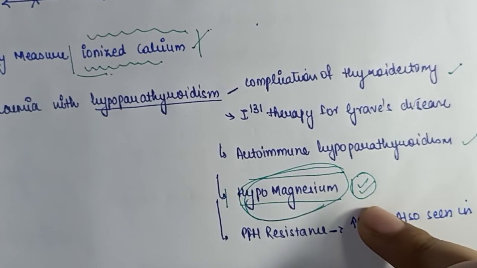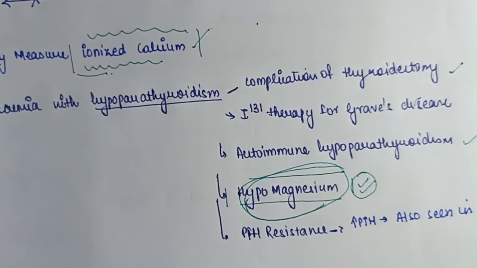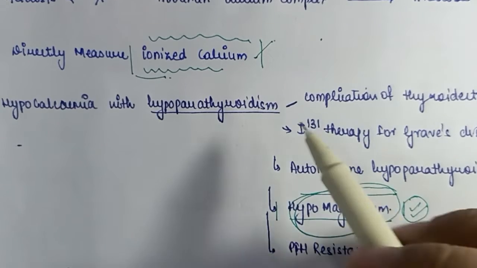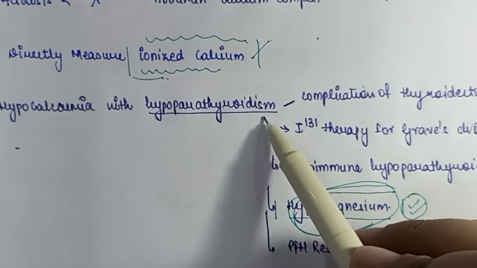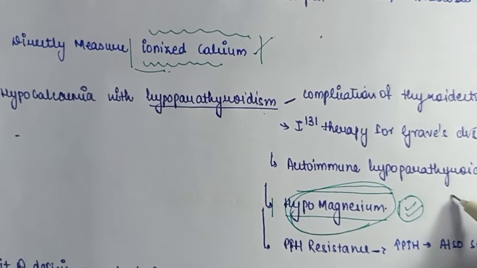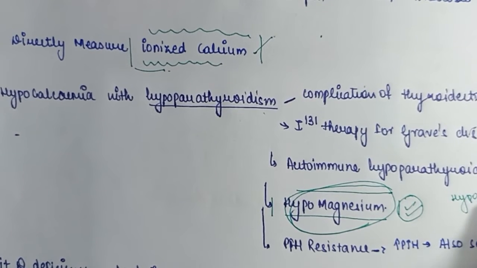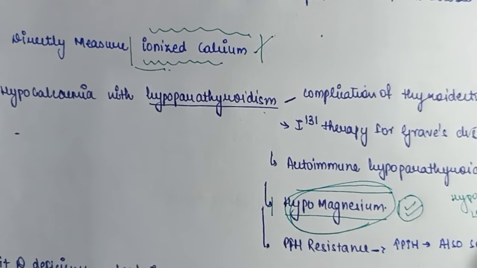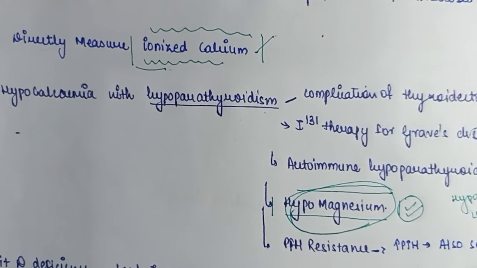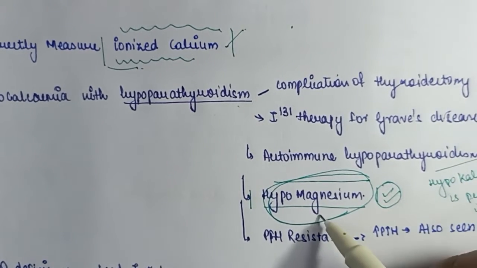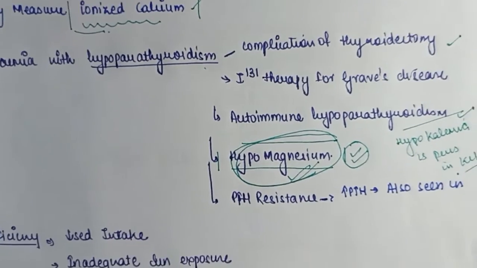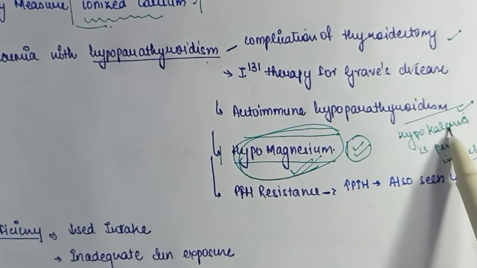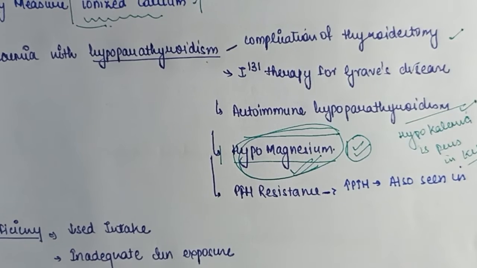So hypomagnesemia is a very important cause of hypocalcemia. It results in hypoparathyroidism and hypocalcemia. Likewise in hypokalemia, if hypokalemia is persistent despite giving IV potassium chloride, we should look for magnesium levels, which can be the culprit for hypokalemia as well as for hypocalcemia.